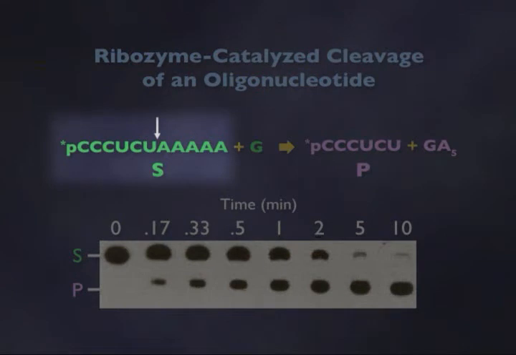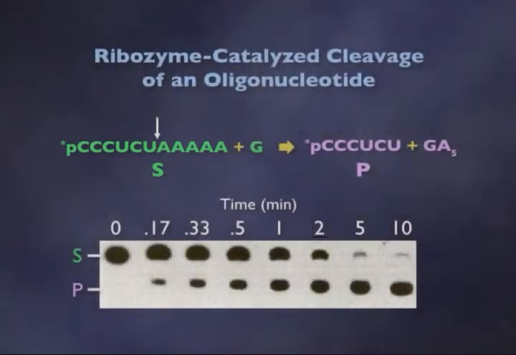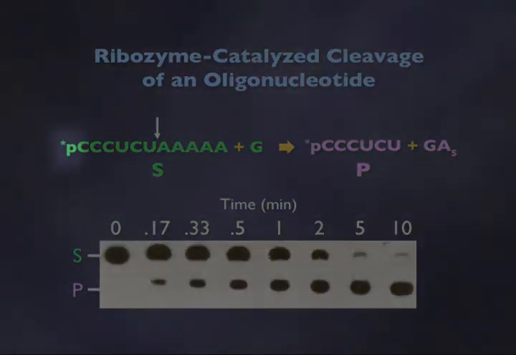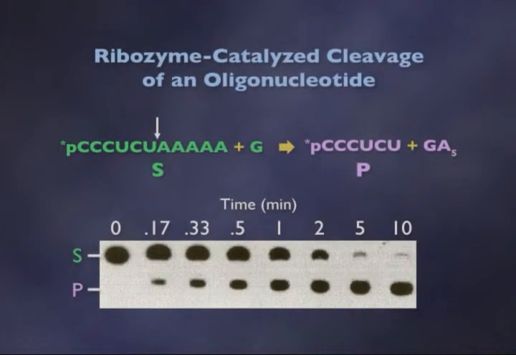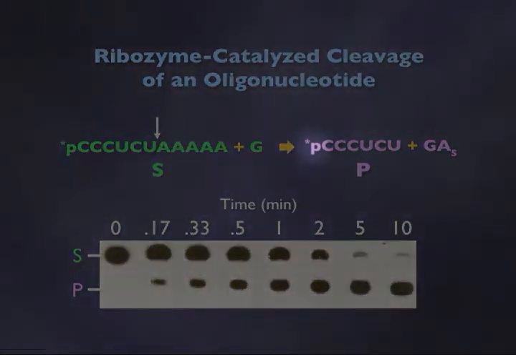The nucleotide sequence of that substrate is shown on the top, and it's radioactively labeled using an isotope of phosphorus called phosphorus 32, which emits beta particles, and only the left end of the molecule is labeled. So that when this substrate is cleaved into products, even though there are two products, you only see one of them, the one that is at the left end, because that's the only one that's radioactively labeled.